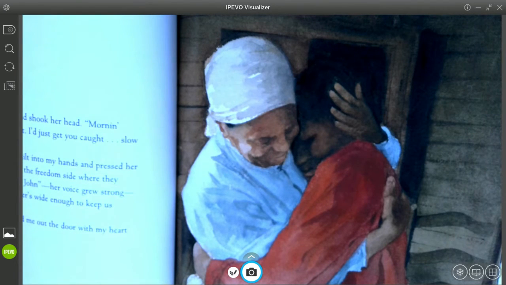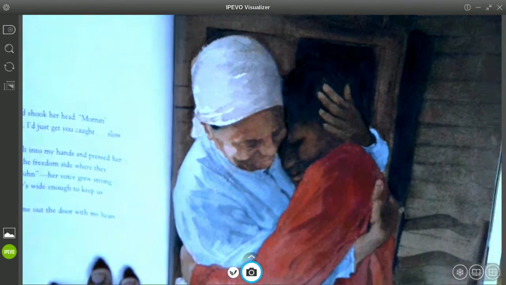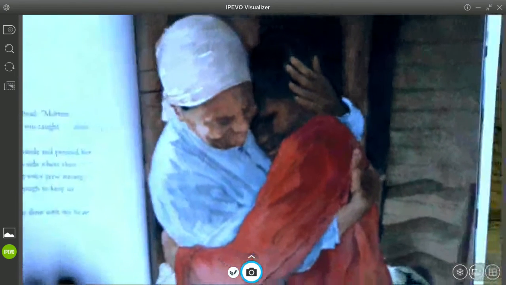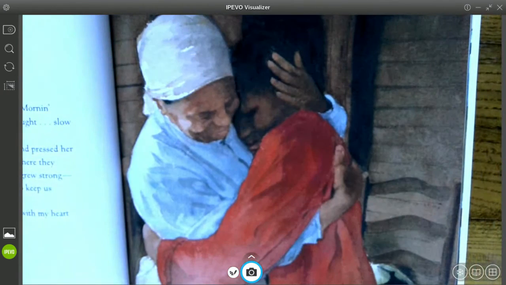So, if we think on John as well, John is brave, and John is self-sacrificing, and he enjoys helping people. So all these things that we've learned about these two characters' personalities have been shaped by the issues that are going on around them, slavery, and helping people to get out of this slavery.